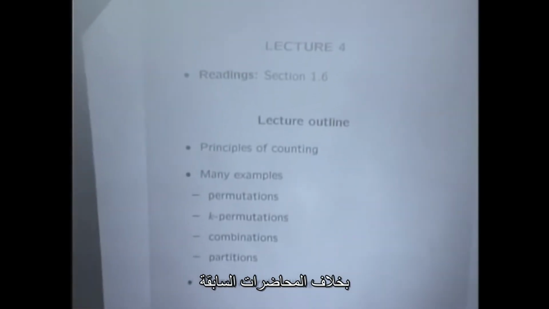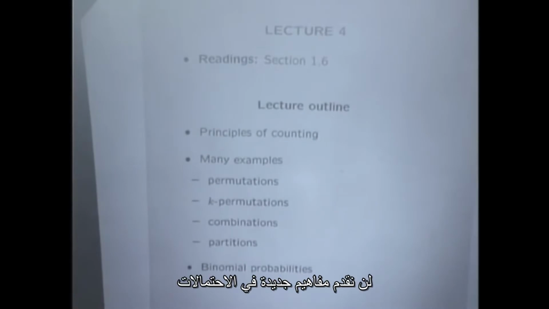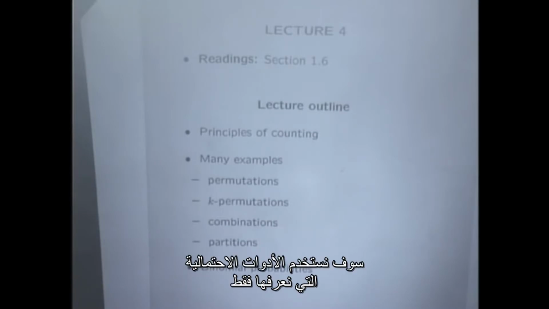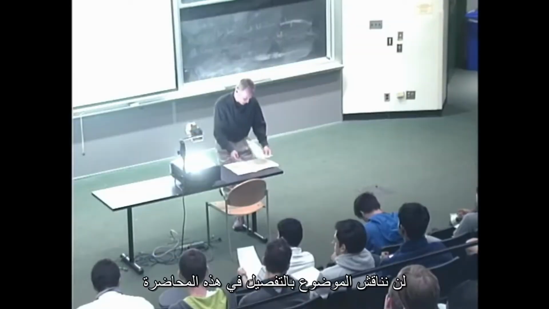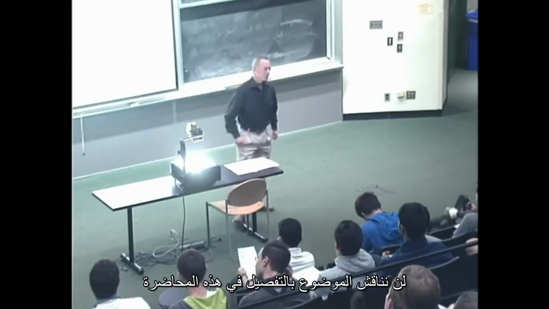In contrast to previous lectures, we're not going to introduce any significant new concepts of a probabilistic nature. We're just going to use the probability tools that we already know, and apply them in situations where there's also some counting involved. Today we're just going to touch the surface of this subject.